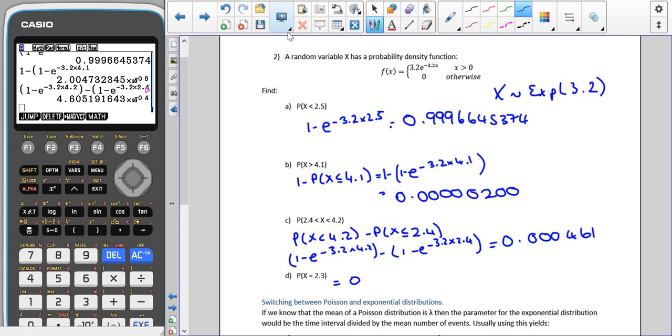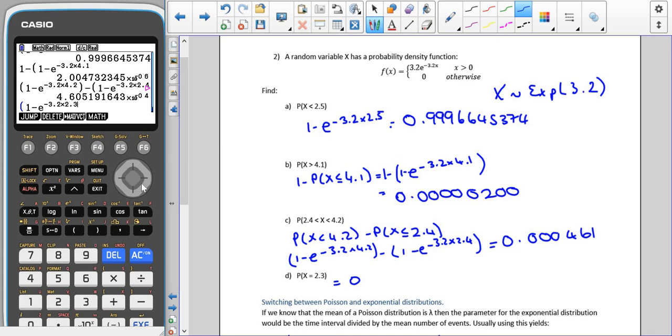For the last one, for D, we end up with 0. If you want to think about why this happens, then if you think that we can only work in terms of less than or equal to's, then what I'd actually be doing is I'd be doing 1 minus e to the minus 3.2 in this case times 2.3.